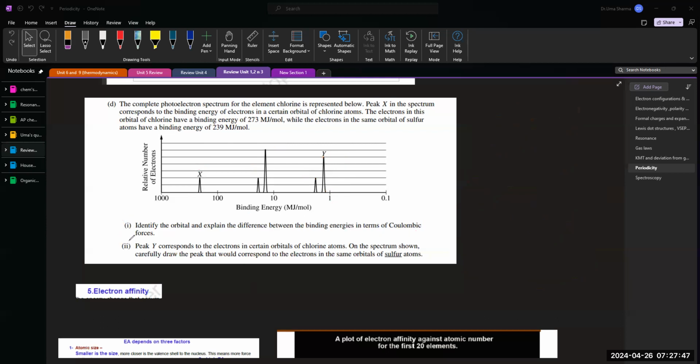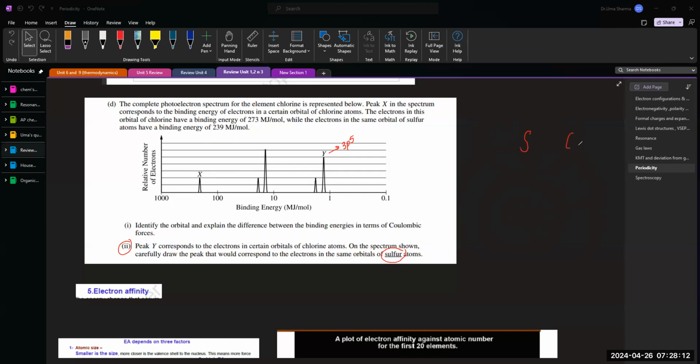Ready for this? So they are saying on the same spectrum, this is what? Y is what? 3p5. Now they are asking you, on the same spectrum, make for sulfur. So first, you look at the periodic table and answer my question.